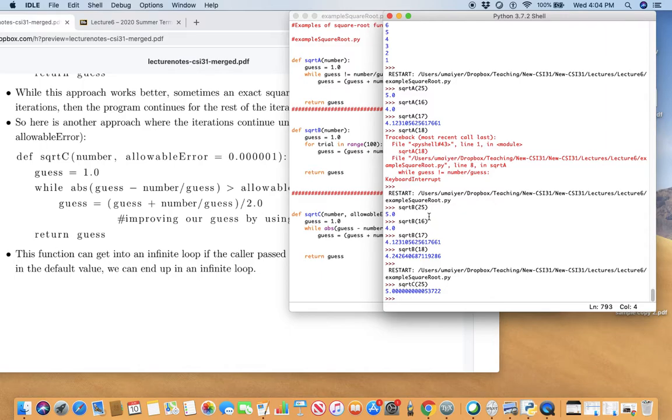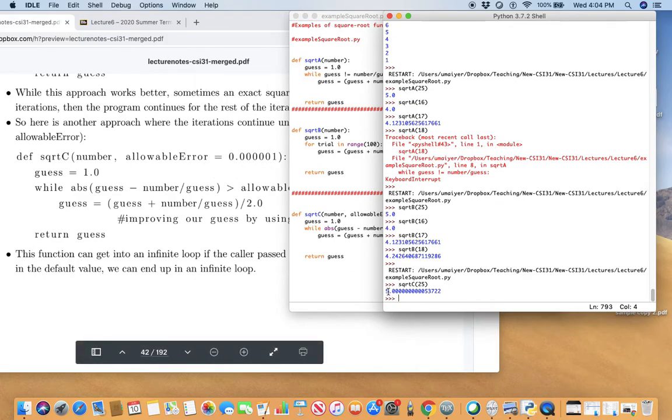In the earlier cases, you actually found the answer within 100 iterations. The one before that, you had infinitely many iterations, and it found the actual answer. But in this one, you had an allowable error. The moment you satisfied that allowable error, it gave you an approximation.